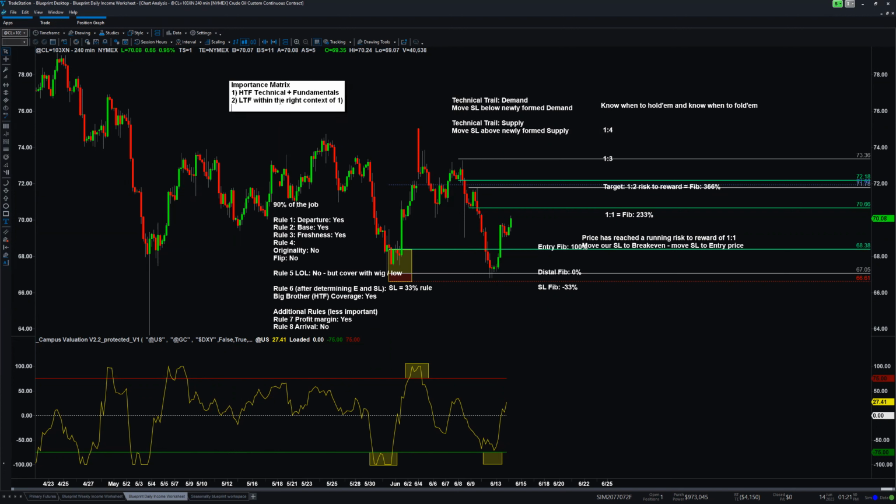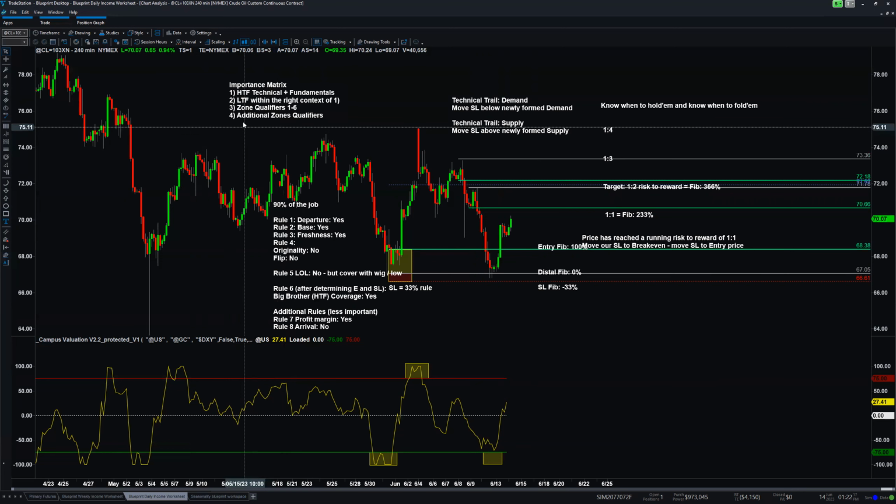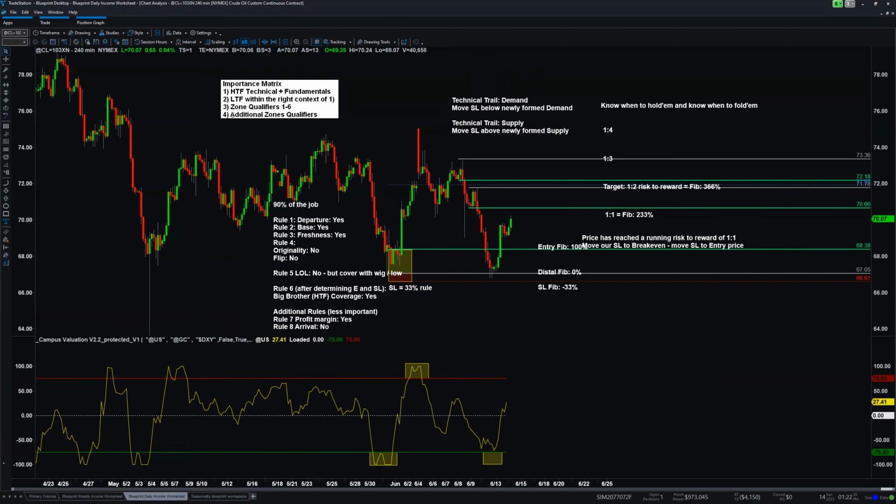If that's checked, then you go into zone qualifiers 1 to 6, and here you get most of them checked. Then whether or not you get checks on 4 on additional zone qualifiers really doesn't matter, because it's really down the line, right?